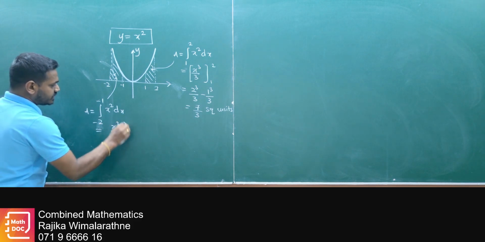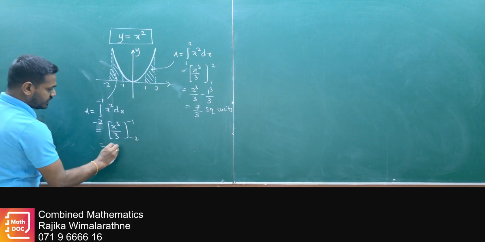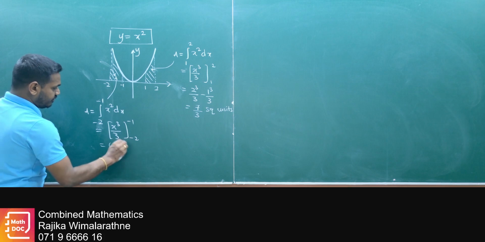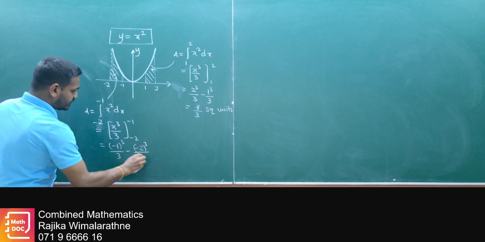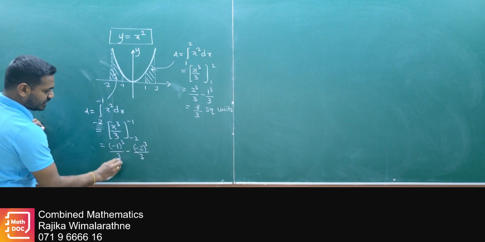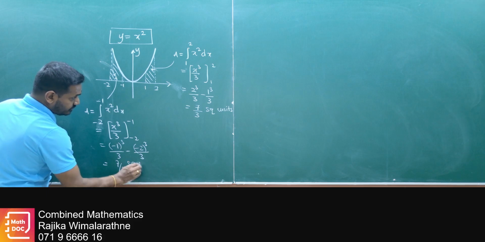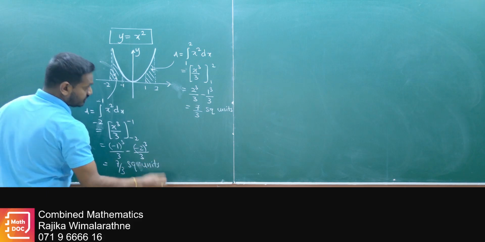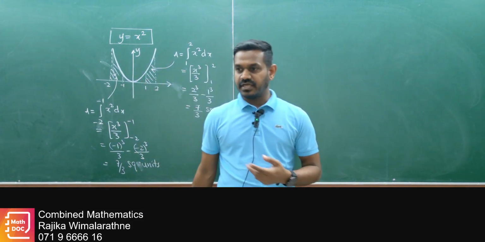Then x cubed over 3 from minus 2 to minus 1. First substitute minus 1: minus 1 cubed over 3, minus minus 2 cubed over 3. Then plus 8 minus 1, so 7 over 3 square units. So if the function is in the second quadrant, that also directly represents the area.